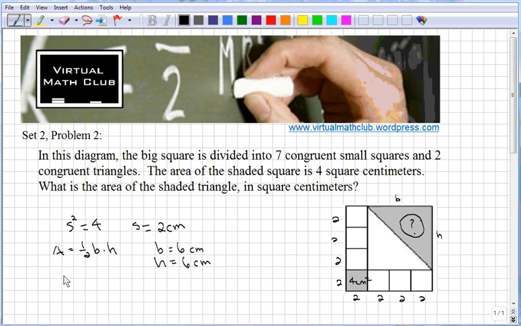So if we find the area of the triangle, it's just 1/2 times 6 times, oops, that's supposed to be times 6. And if we calculate that out, we get 18 square centimeters. Alright, and that's your answer, 18 square centimeters.